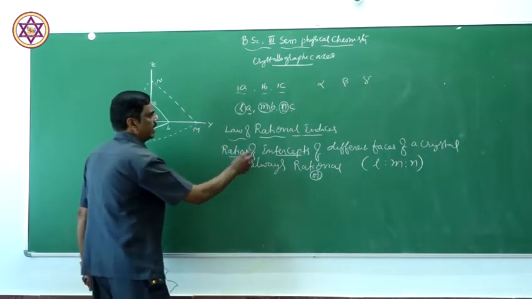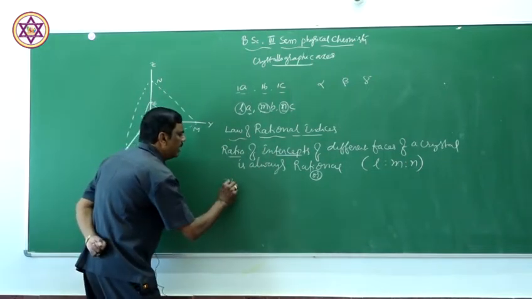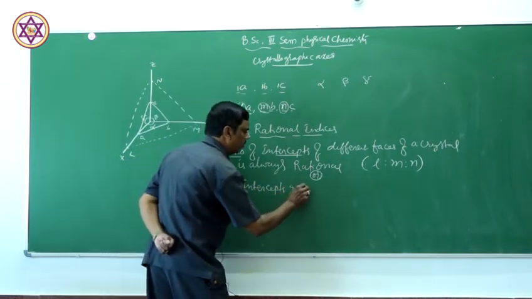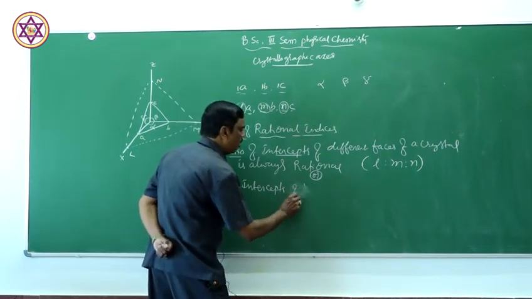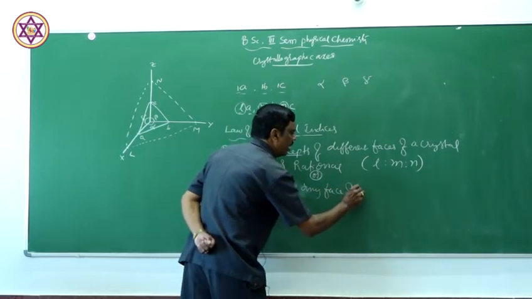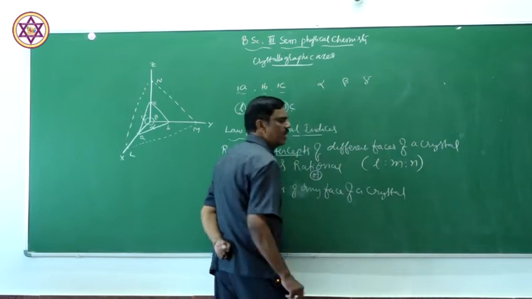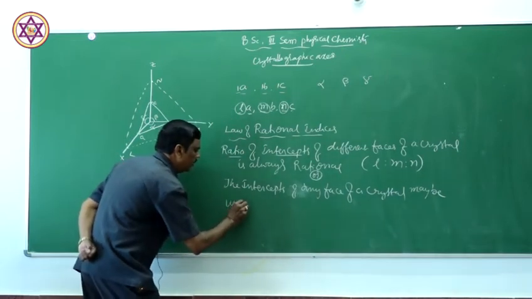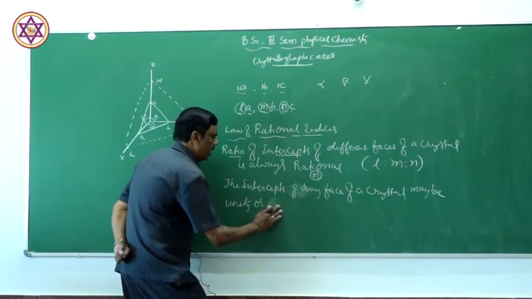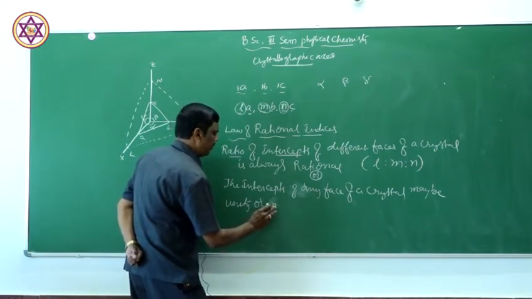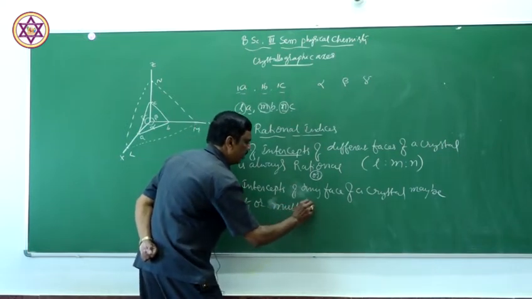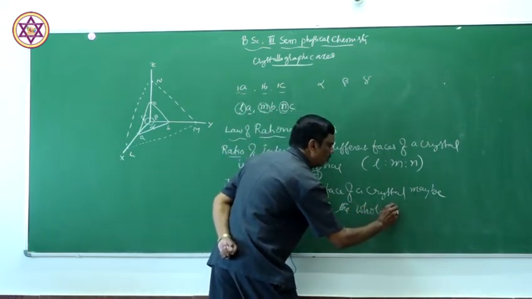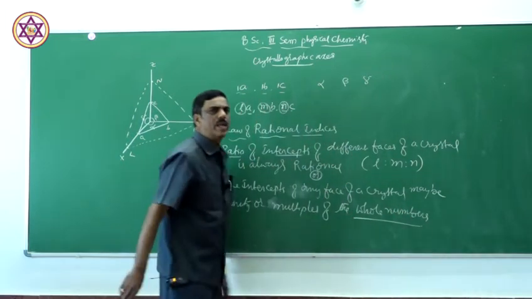So, another way of stating the law of rational indices is that the intercepts of any face of a crystal may be unity or simple whole number multiples, like 2a, 3a, 4a.